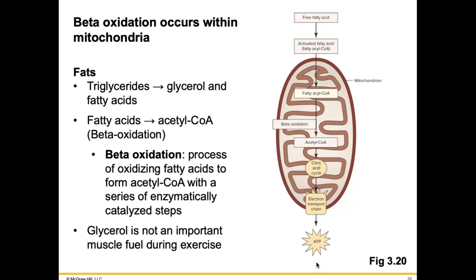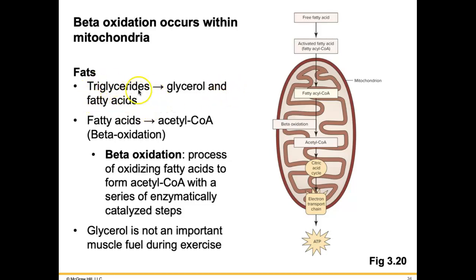So first, we're going to talk about beta oxidation by utilizing fats. Triglycerides can be found in our fat cells or in our muscle cells. Our muscle cells are going to contain enzymes to break the fat down, and that utilizes our triglycerides to break it down into glycerol, which can be used as fuel, but like we said, it kind of plays a very small role.